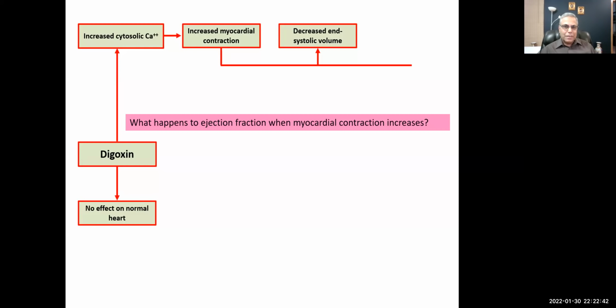All right, I got another answer, and which is decrease. It is a wrong answer. This is physiology. When the heart contracts with a greater force, more blood will be ejected from the heart. That means the ejection fraction will increase, right?